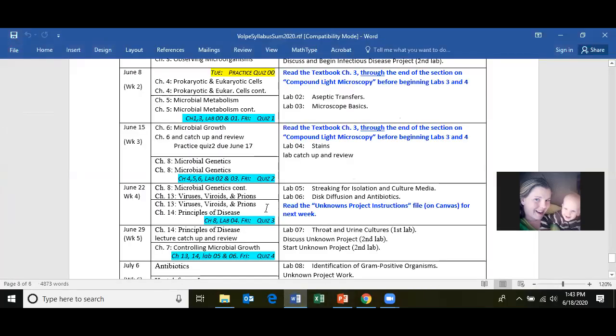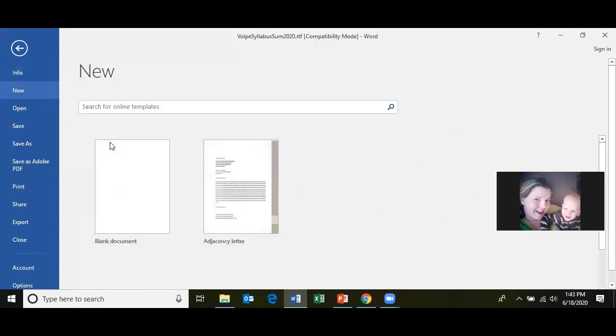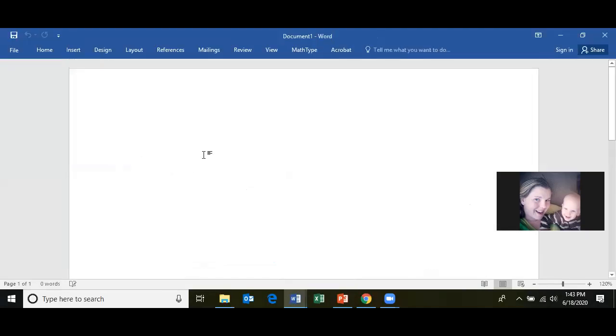Let me bring up a new thing here. So if we have G, T, C, A, G, G, T, T, C, C, A, and we should probably put those in codons so that they're easier to follow.